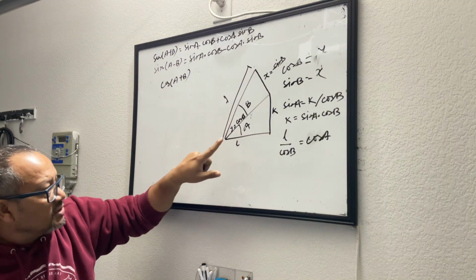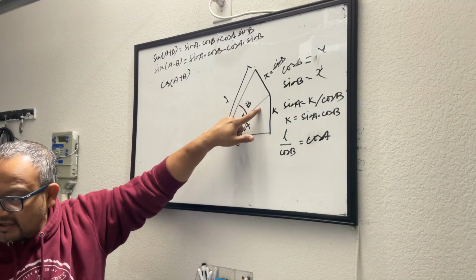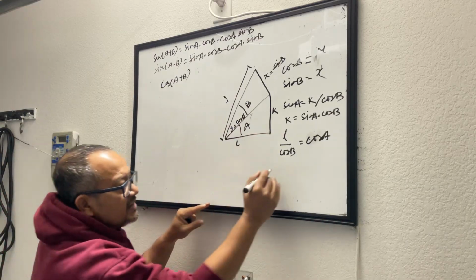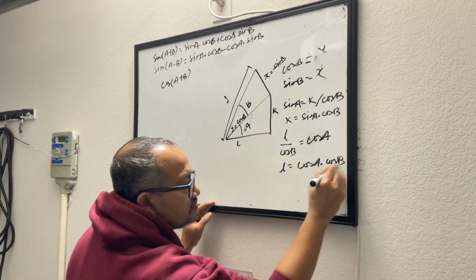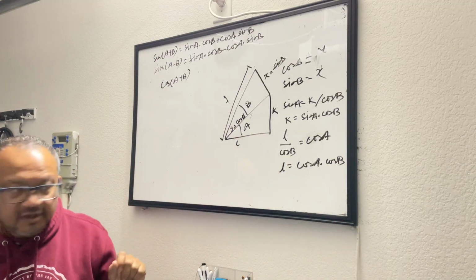Cos of A equals this length by this length. So from this we found L equals cos of A times cos of B. This whole length.